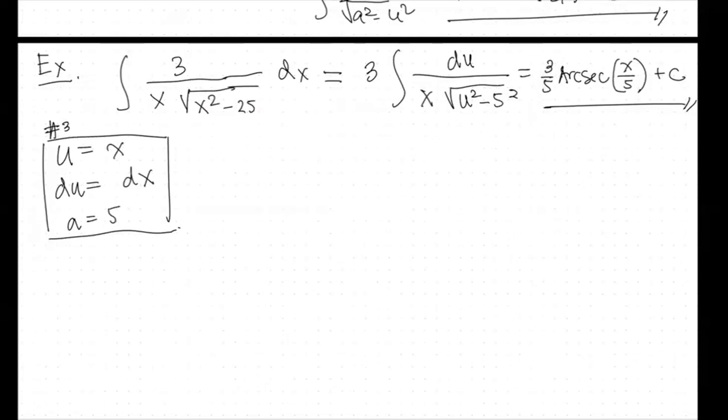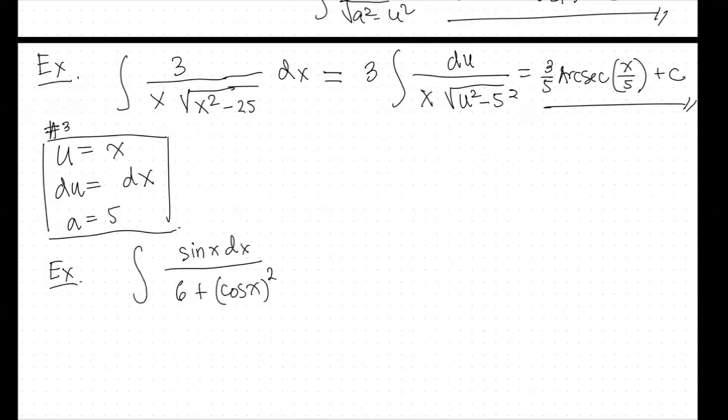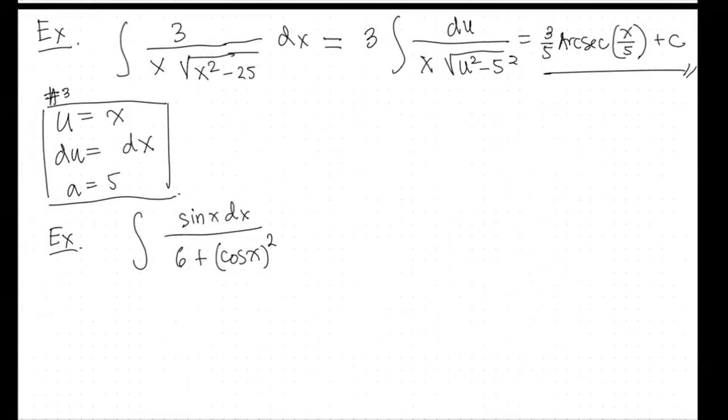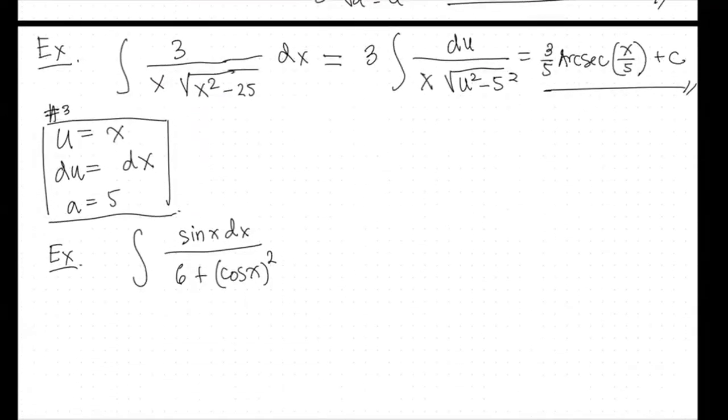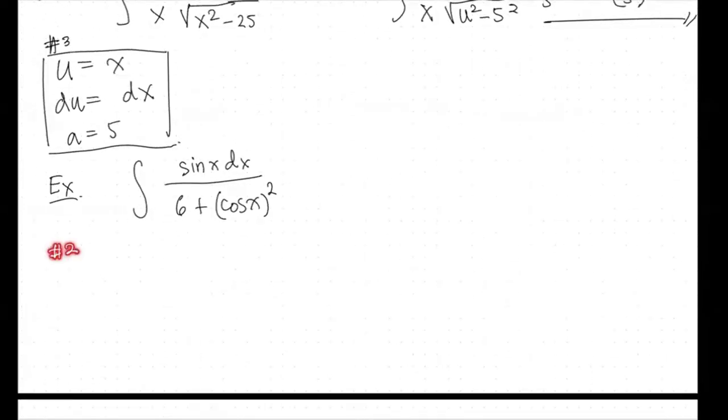Of course, our u can also be trigonometric functions, exponential functions, and whatever kind of functions. Okay, let's do the trigonometric example here. So we got this integral, sine x dx, all over 6 plus cosine squared of x. In this case, if you look at our table, it looks like number 2, since there is no square root in the denominator. So here we will use number 2.